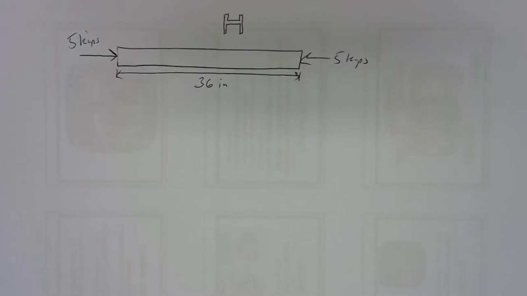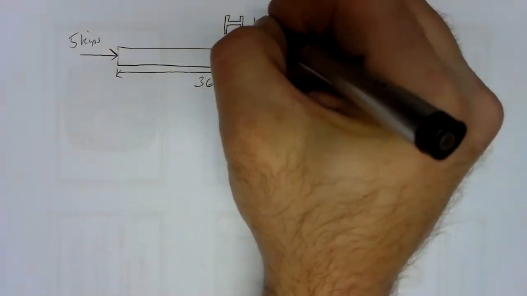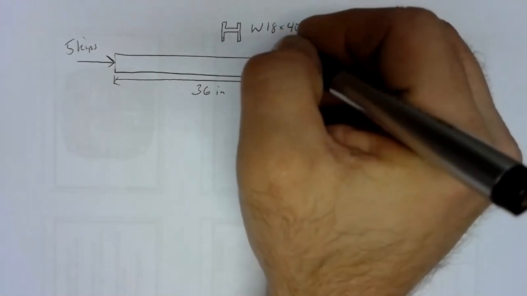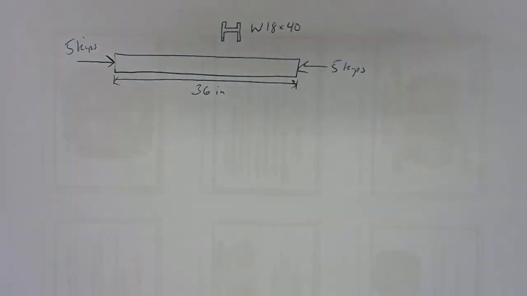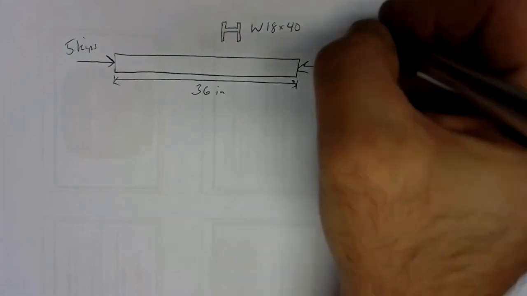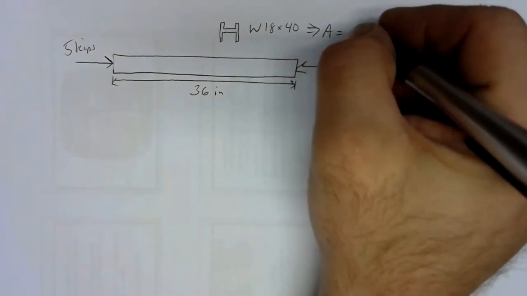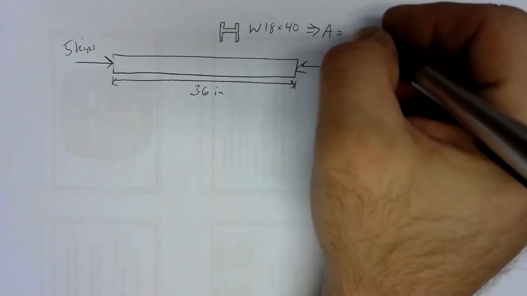Let's do a W18 by 40. So all this does is show the cross section, W18 by 40. And what those numbers mean, we'll get into a little bit later. But all that really matters for our purposes right here is that the area for a W18 by 40 beam is 11.8 square inches.